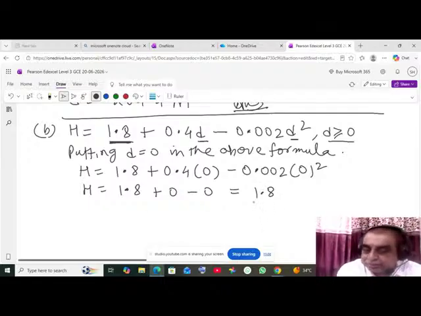So what is the significance of this number 1.8? It represents the initial height of the arrow, that means at the moment when the arrow is just shot.